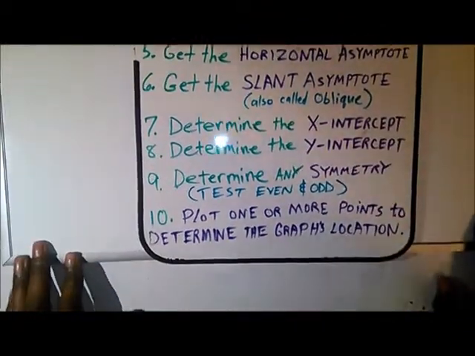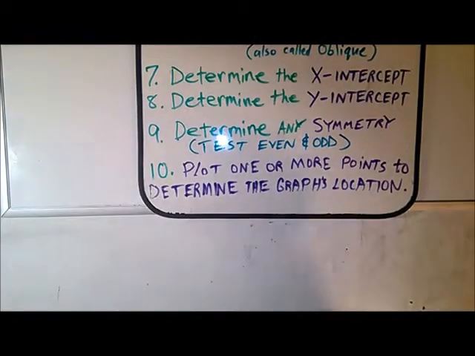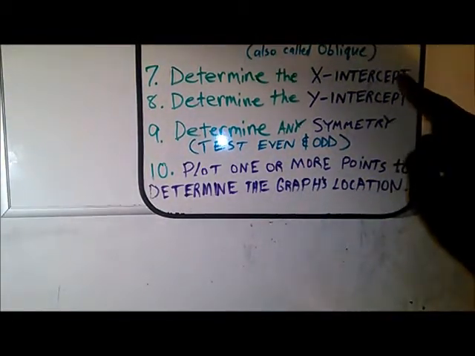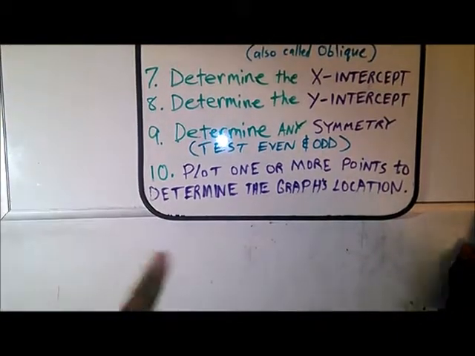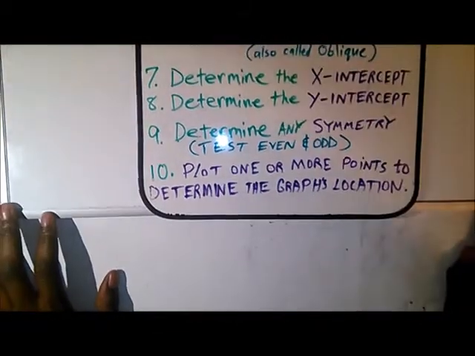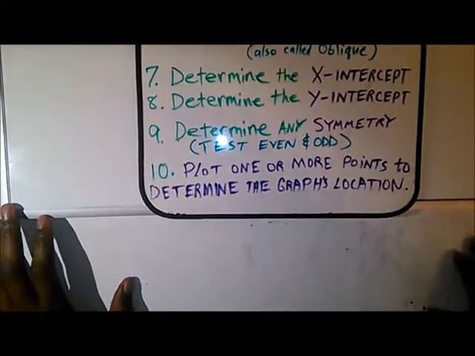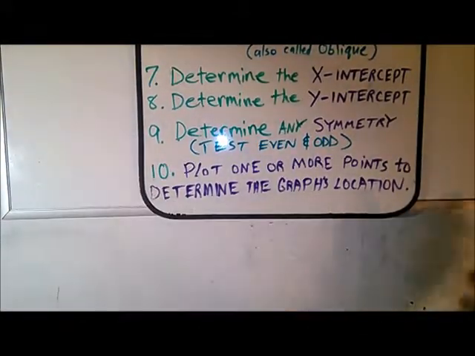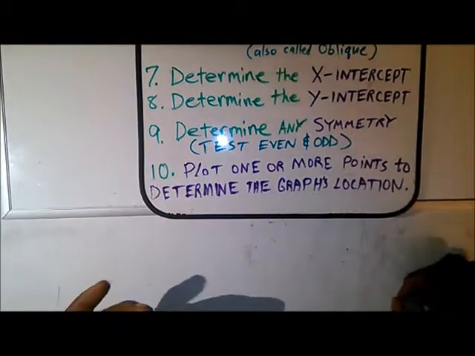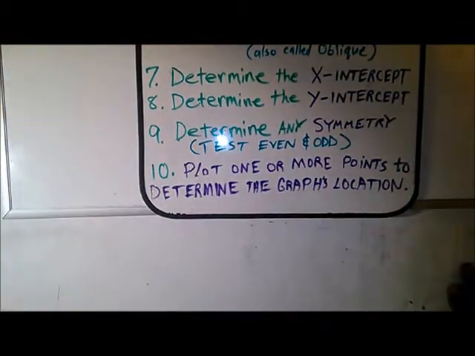Seventh, determine the x-intercept. Eighth commandment, determine the y-intercept. And the ninth commandment, determine any symmetry. That is, when you do that, you test for even and you test for odd. If it's not even or odd, it's neither.